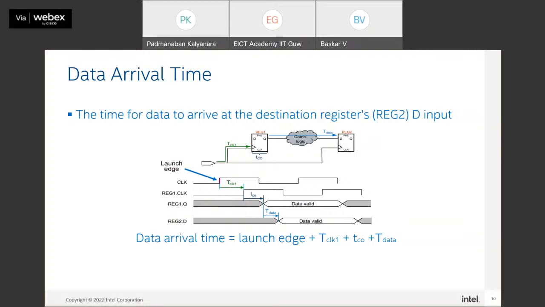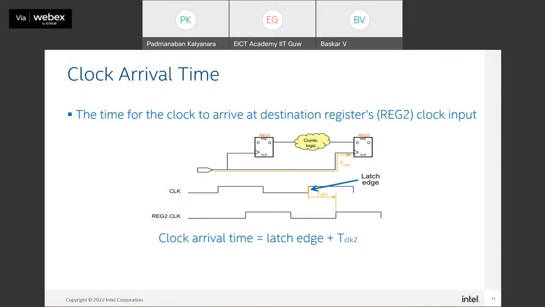Then the next information is the clock arrival time. We have seen the data path till now. Now we also need to know the clock arrival time. Clock arrival time is equal to the latch edge, which is also called the capture edge, plus T clock 2.